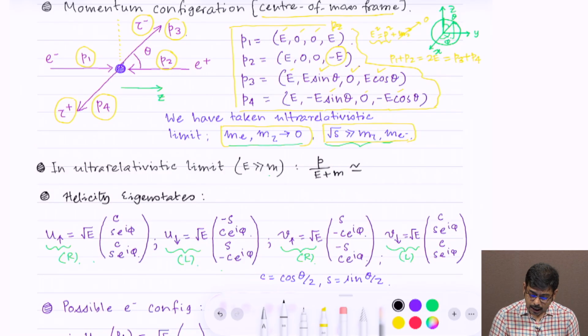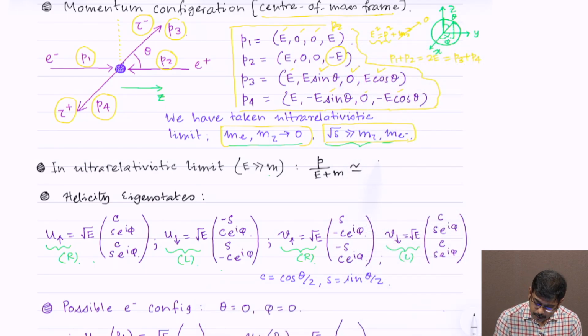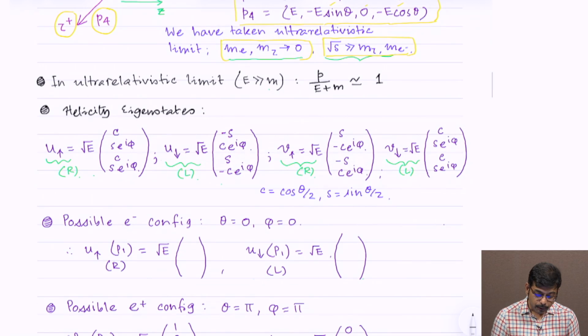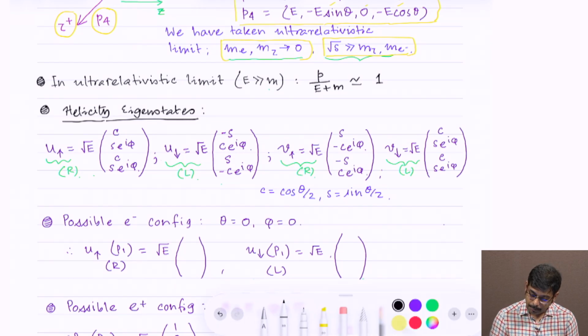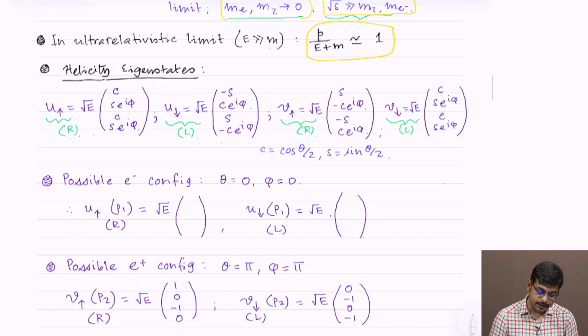Now, in the ultra relativistic limit, you can imagine that this p by E plus m will be essentially 1, right, because m is very small. So E has to be equal to p. Therefore, we are in a position to look into the possible helicity eigenstates, assuming that p by E plus m is roughly equal to 1 in the ultra relativistic limit.